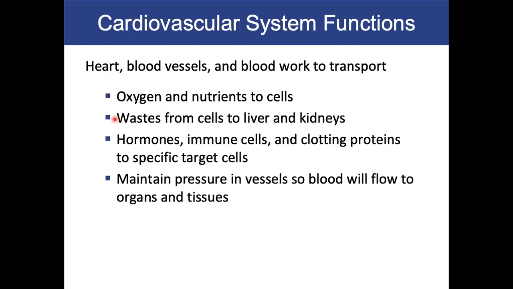So, when I think of wastes, think of carbon dioxide, urea, creatinine, things like that. They transport hormones, immune cells, and clotting proteins to target cells. And the goal of that heart and those blood vessels are to maintain pressure in the vessels so blood will flow to organs and tissues.